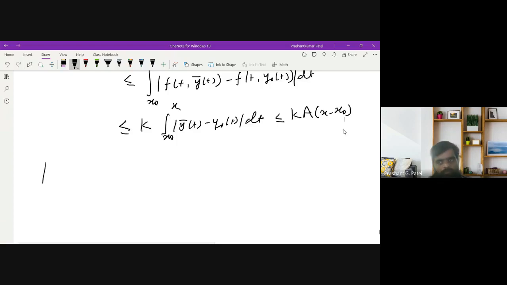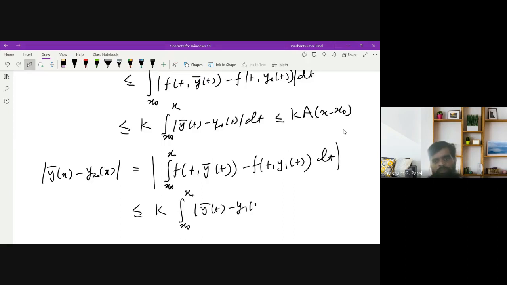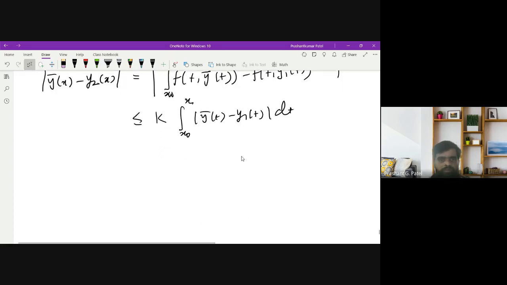Similarly, we can have y bar of x minus y2 of x, which can be written as the integral from x0 to x of f of t comma y bar of t minus f of t comma y1 of t dt. Again, by the Lipschitz condition, that is k times y bar of t minus y1 of t dt, this is less than or equal to k square into a into the integral of t minus x0 dt.